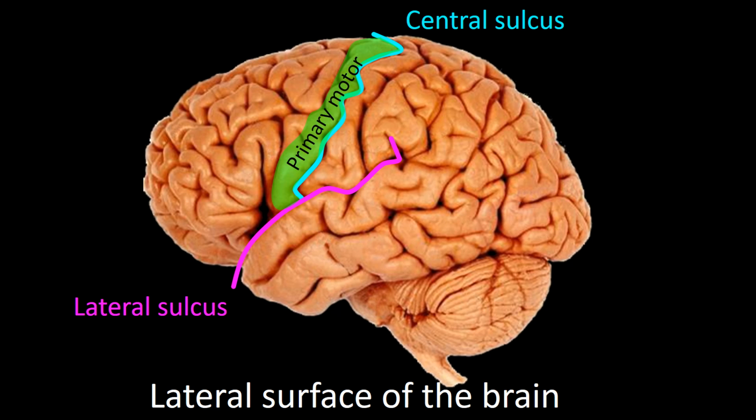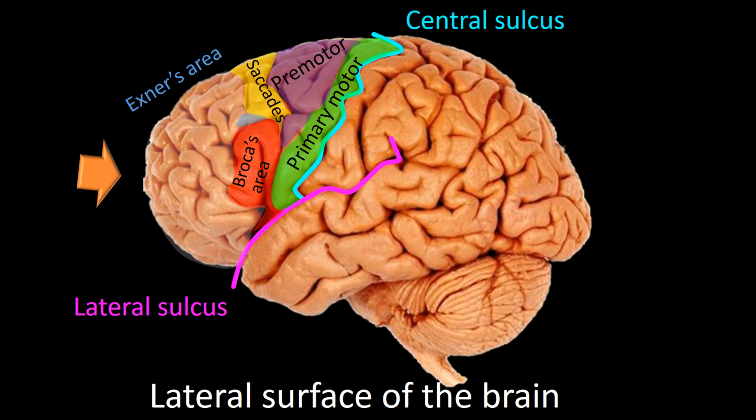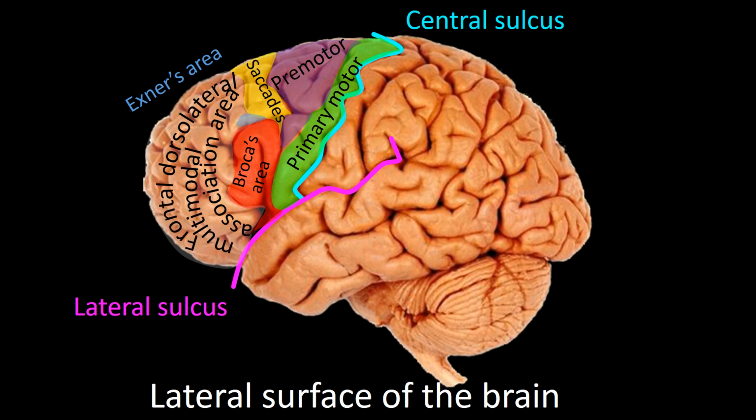Anterior to the primary motor cortex, in the upper part, we find the premotor cortex. Anterior to it, we find the eye center for saccadic eye movements. Below, you find Broca's area in the dominant hemisphere, and just above, also in the dominant hemisphere, you will find the Exner area. It is anterior to these areas that you find the anterior multimodal association area, also called the frontal dorsolateral multimodal association area.